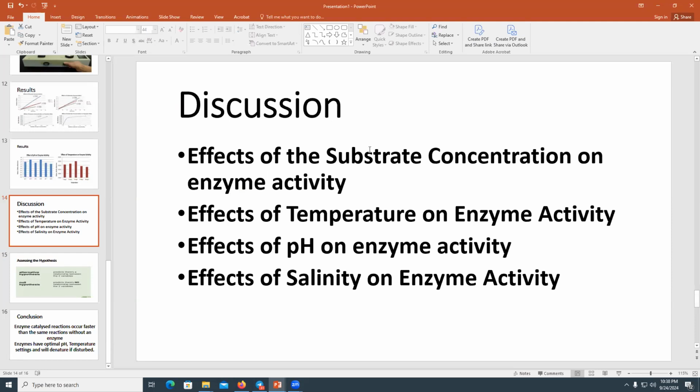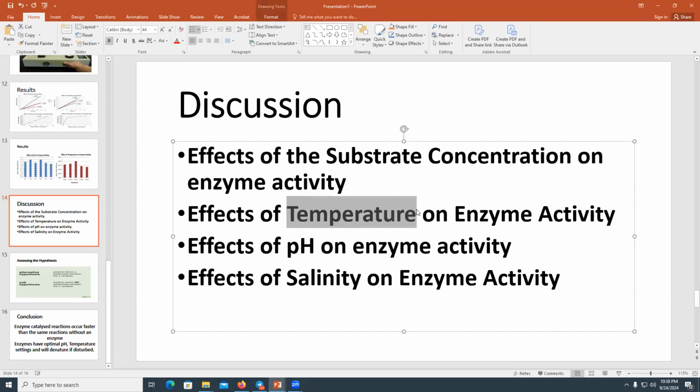No matter how little or how much substrate you add, the reaction rate will not be affected. Doesn't matter if you increase or decrease the temperature, the reaction rate will not be affected. Doesn't matter what you do to the pH, nothing will be affected. It doesn't matter if the salinity changes, nothing will be affected. So that's a null hypothesis.